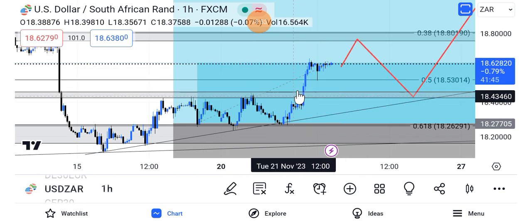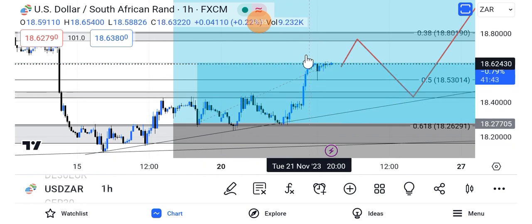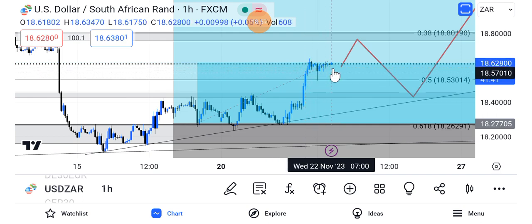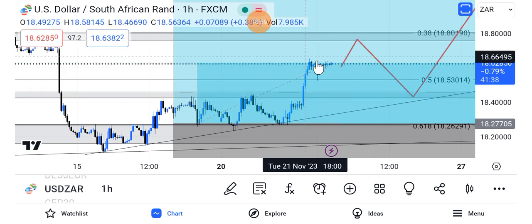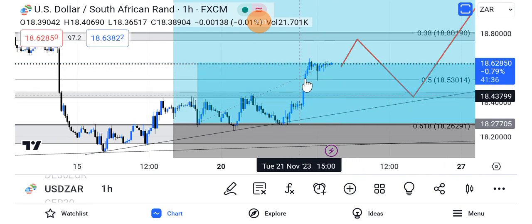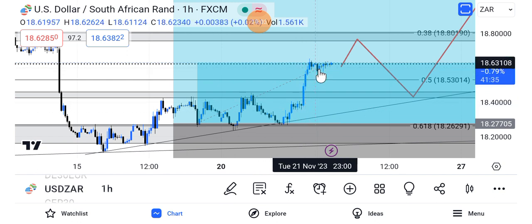So looking at this 1 hour, we can see that we're creating some form of a flag, guys, because what happened is that we went all the way up, came back to the 50% area, we made a wick, and then we're now continuing. So right now I can say that this is a resistance. Currently this is a resistance.